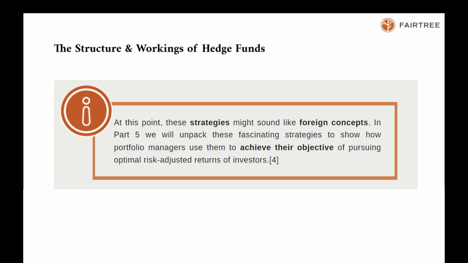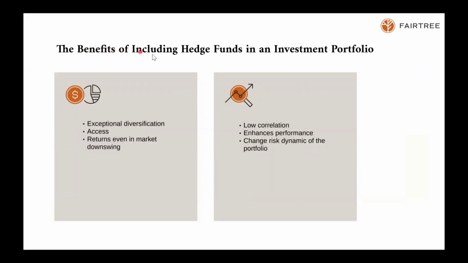The question, of course, is how does it benefit investors to include hedge funds in their investment portfolios? Hedge funds provide exceptional diversification opportunities, allowing investors to access markets they won't be able to otherwise access. This additional exposure to alternative asset classes over and above a traditional portfolio can provide investors with good returns even when markets go down.